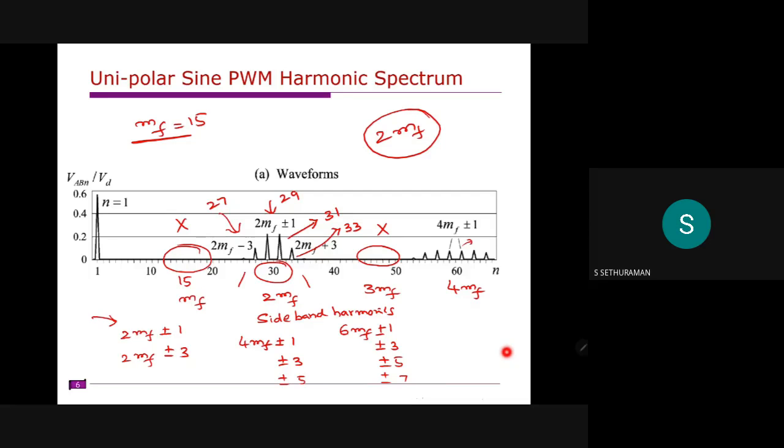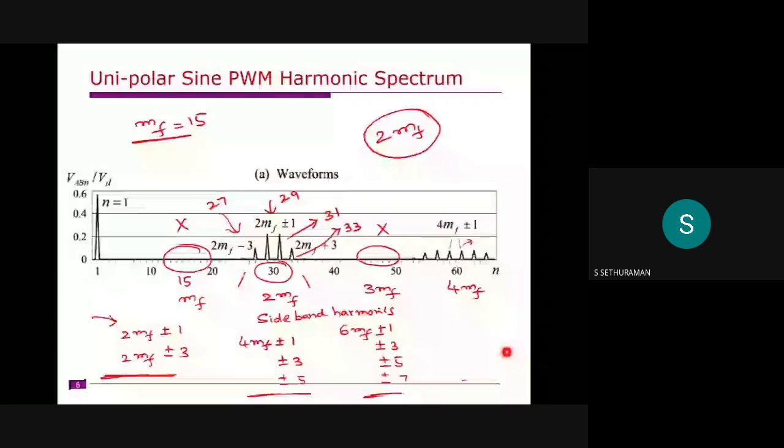At exactly 2MF, 4MF, 6MF, the harmonics will not be present. So you are left with 2MF plus or minus 1, and so on. Is it clear?